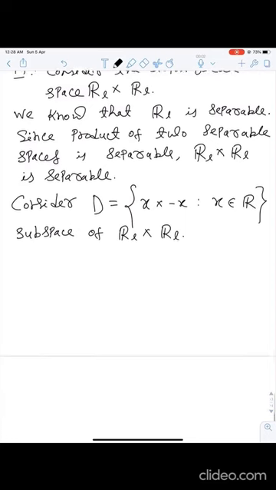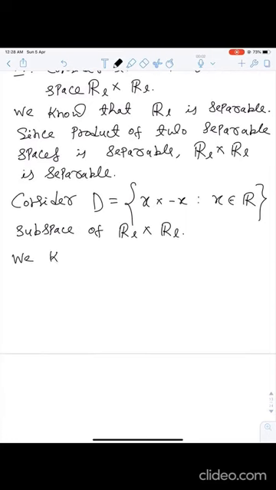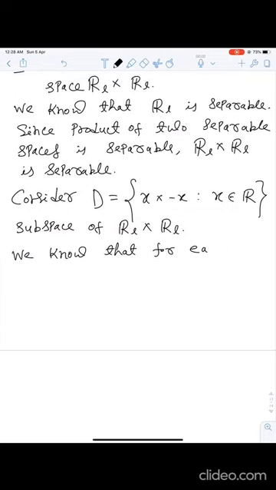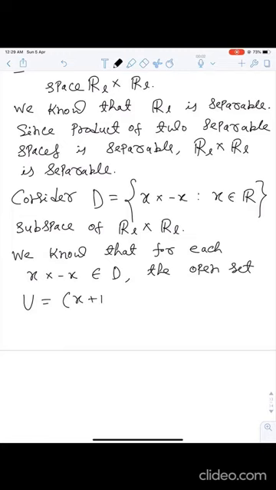Now we know that for each point (x, minus x) belonging to D, take the open set U, which is [x, x plus 1) product with [minus x, minus x plus 1).